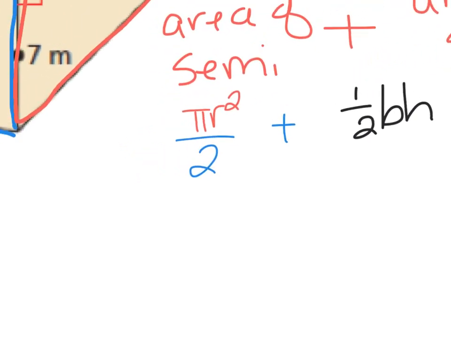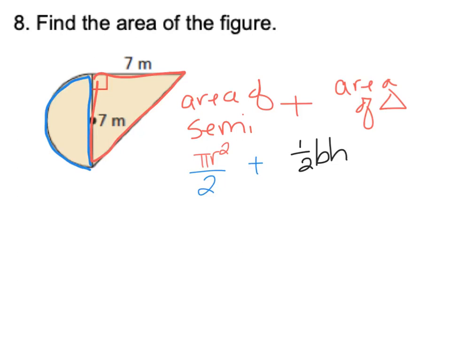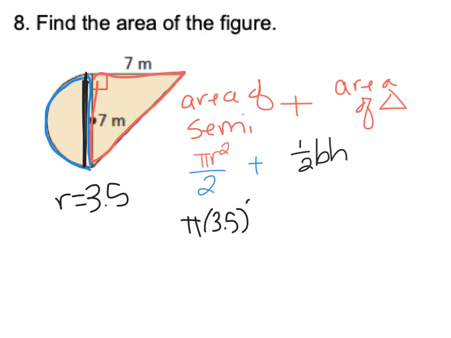Okay, so let's look at the semicircle. I have a semicircle here. My radius is not 7, my diameter is 7, which means my radius is 3.5. So when I figure out the first part here, I'm going to have pi times 3.5 squared. But I only want half that because I want the semicircle.